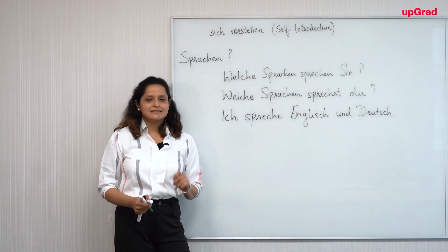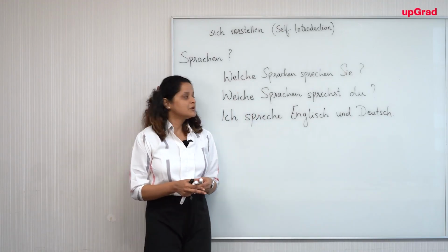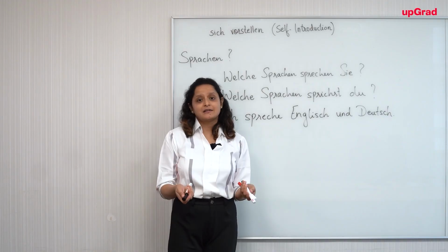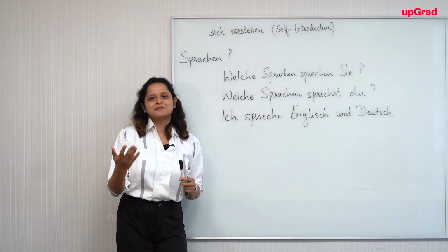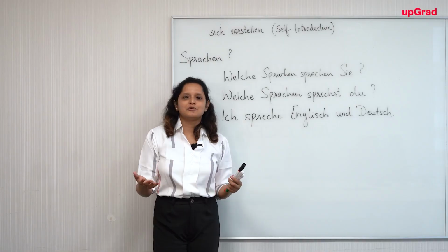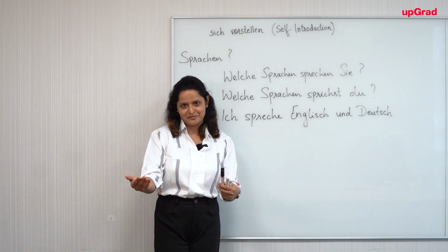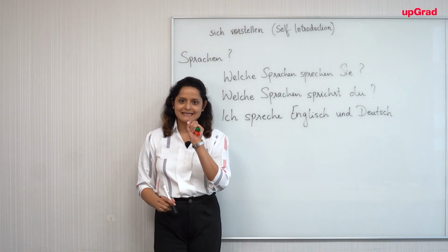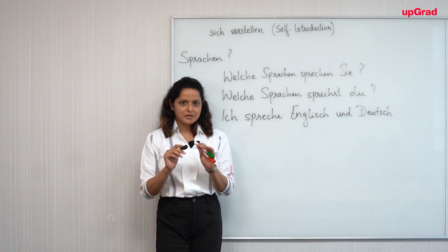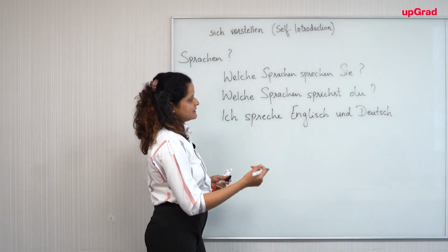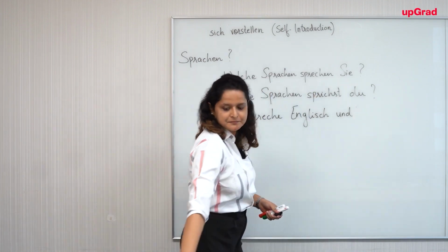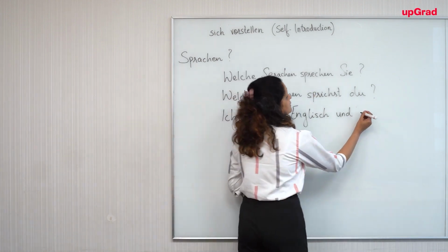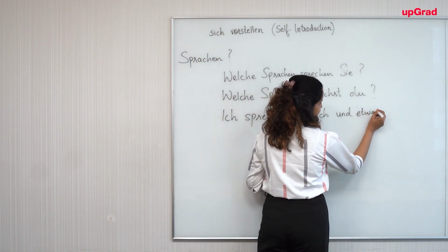Now, there is another thing that you can add here. Let's say you are a beginner, you have just started learning Deutsch. And when you say ich spreche Deutsch, the opposite person just expects that you know Deutsch and they will start talking very fast. So here you can indicate to the other person that you are a beginner by adding the word etwas.